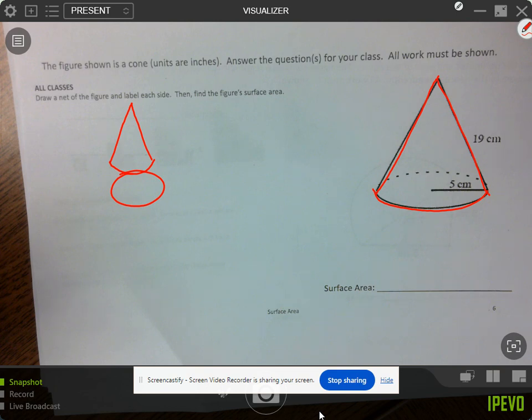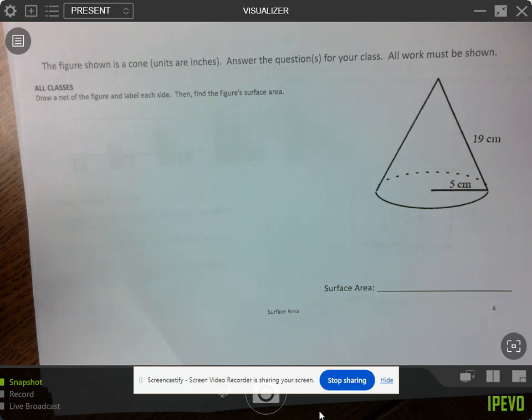And the formula for finding the surface area of our cone would be pi times r times that cursive L, which means the slant side. So our slant measurement plus our circle, which is pi r squared. Remember, r is the radius. Radius goes from the outside of the circle to halfway in. So that is our surface area.